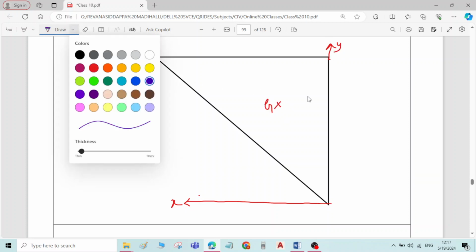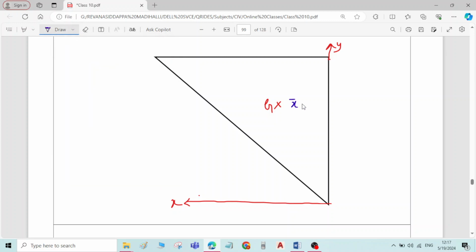Then the formula for x bar, see, now the figure is coming in the second quadrant, x is negative, minus b by 3, x bar is equal to, okay, and y bar is equal to plus 2h by 3.